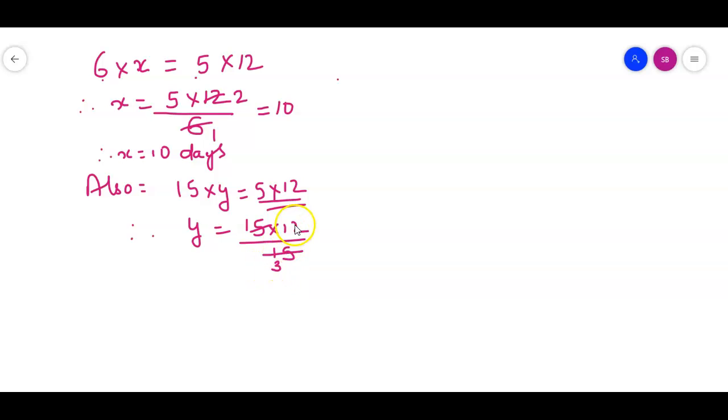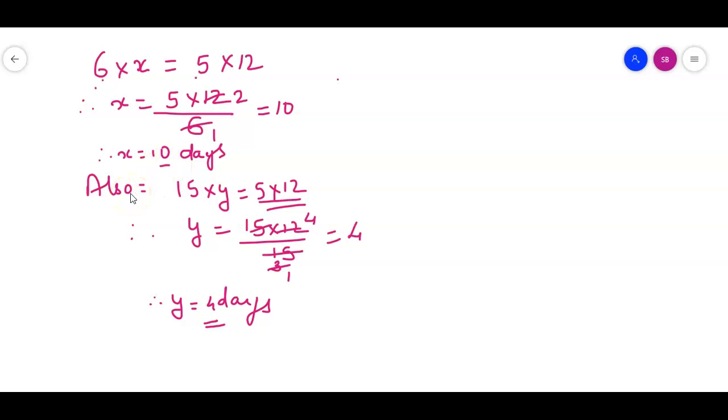Again we can divide 3 and 12. 3 ones are 3 and 3 fours are 12. That means 1 into 4 is 4. Therefore, y is equal to 4 days. That means if we increase the workers to 15, the number of days required to weed the field will be 4. And if we keep the workers 6, the number of days required will be 10.